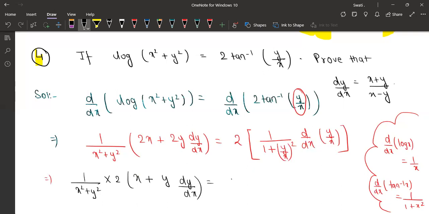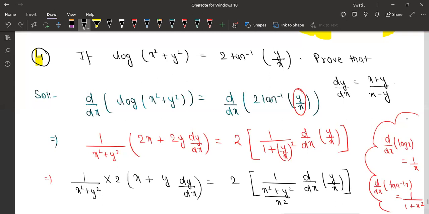Is equal to 2 outside, and then inside, if I simplify, it will become 1 upon (y upon x) whole square, which is actually y square over x square. If I take LCM, it will become (x square plus y square) upon x square. And I'm just writing here d/dx of y over x only because I'm going to use the quotient rule in the next step because of the space.